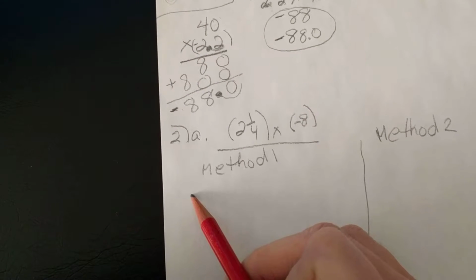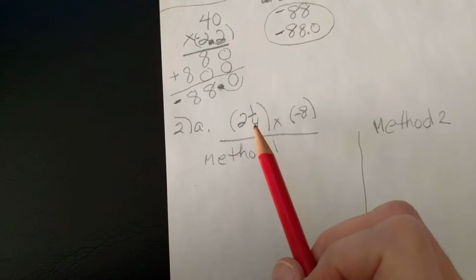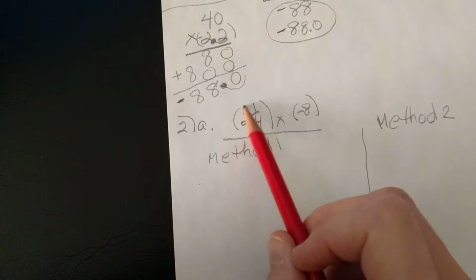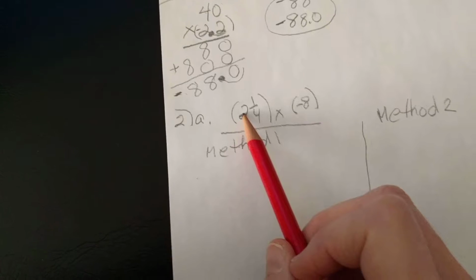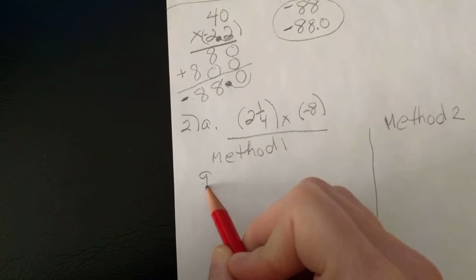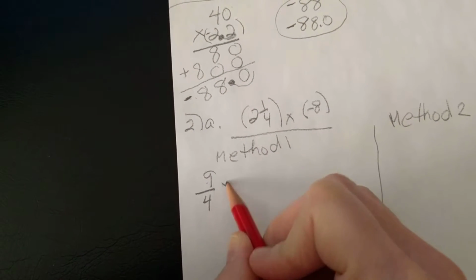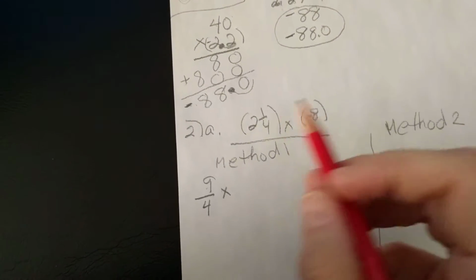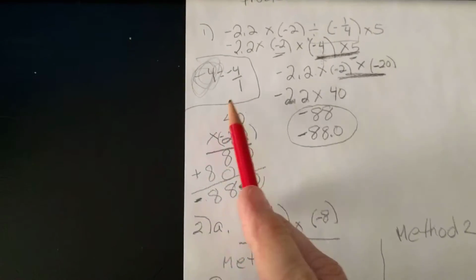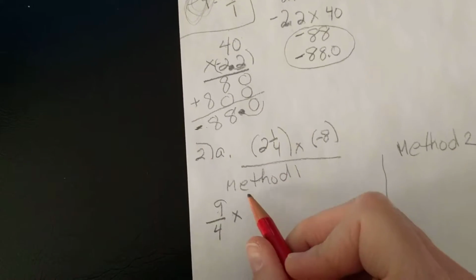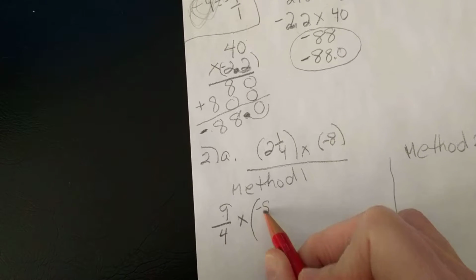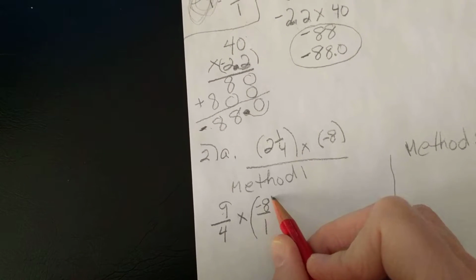So here's the way most students are used to. 4 times 2, I'm going to make this improper. 4 times 2 is 8, plus 1 is 9. So I get 9 over 4 times, and if I want to make this look like a fraction, just like we did up here, I can just put a 1 under it, times negative 8 over 1.